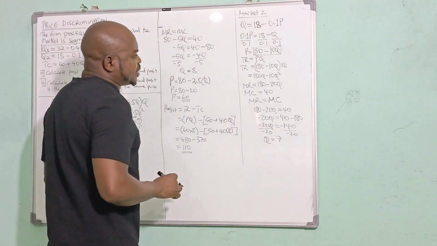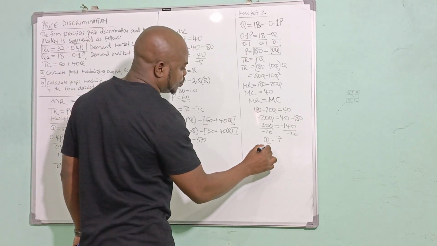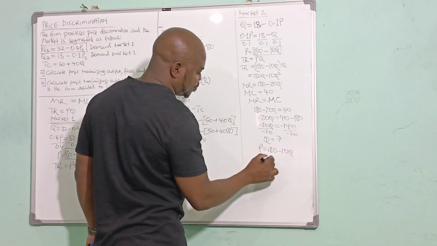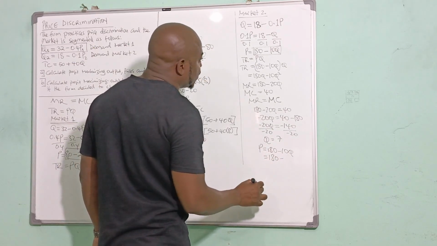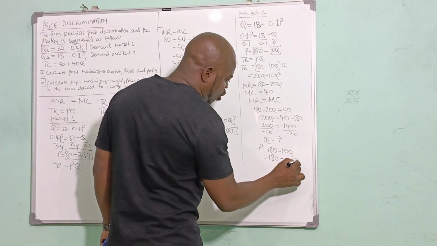I can find my price, this one. Where there is Q, I'll put 7.